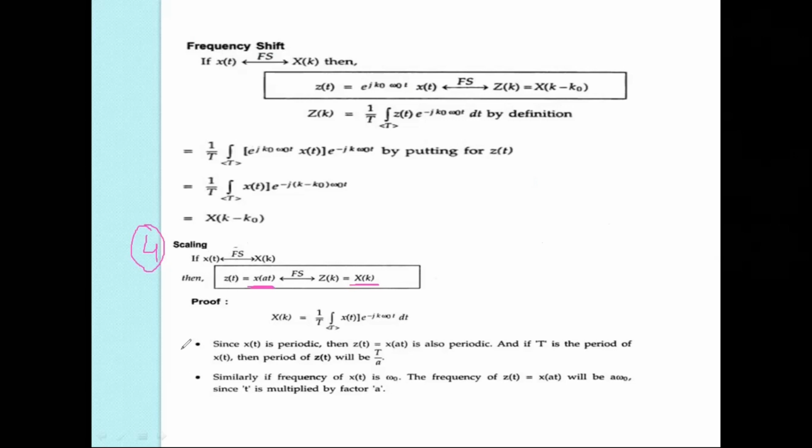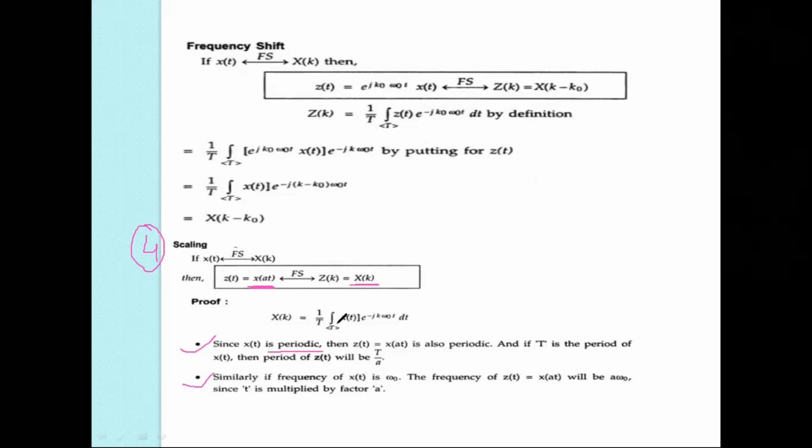But you have to remember these two statements, not the equations, sorry. Since x of t is periodic, remember that the Fourier series is used to analyze periodic signals only. Once again, I am saying the Fourier series is used to analyze periodic signals only.